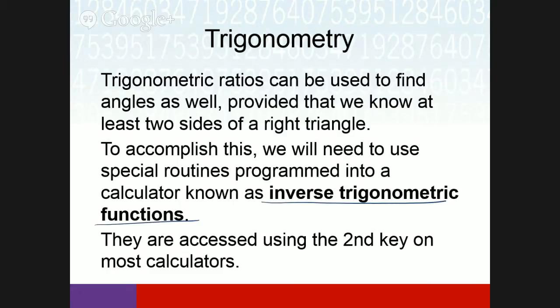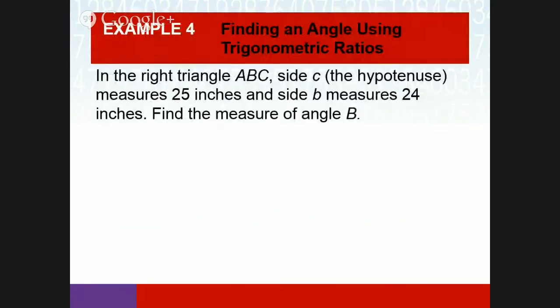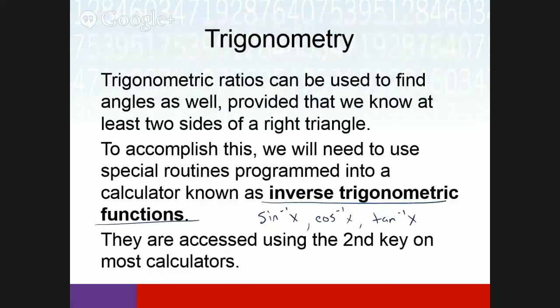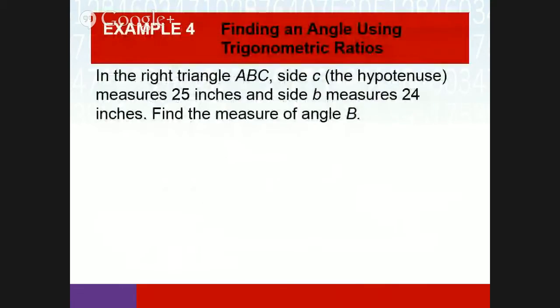They'll have something like sine inverse, cosine inverse, and tangent inverse. We can use this by plugging in the ratio to find the missing angle measurements. Right? So this is an example.